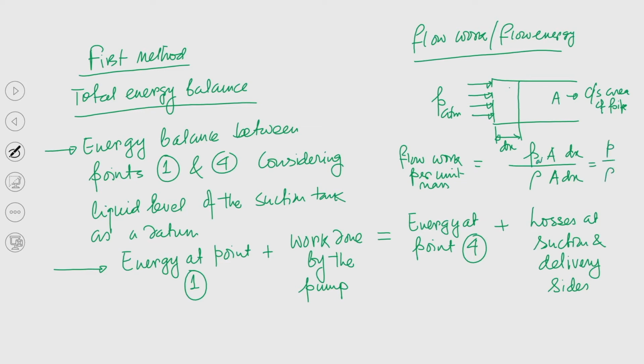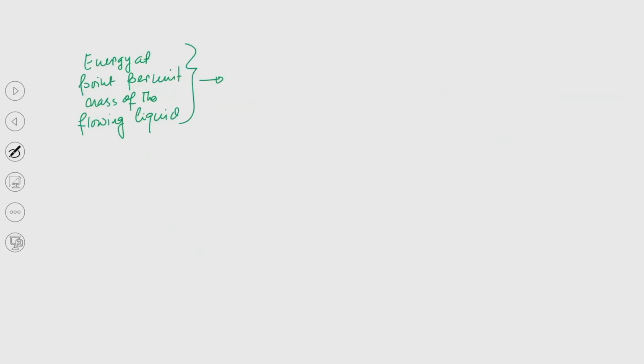So, this is P ATM by rho, understood. So, we can quickly write. So, this is nothing but P ATM by rho, okay, that is very important. Now, this is basically per unit mass of the flowing fluid, okay.